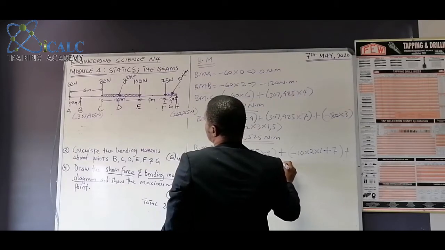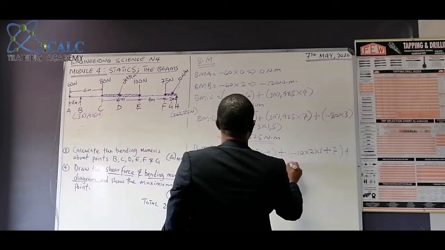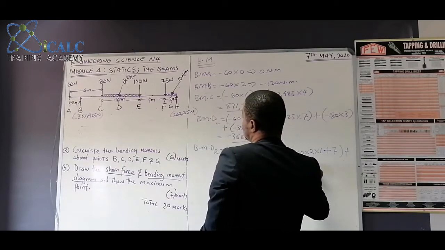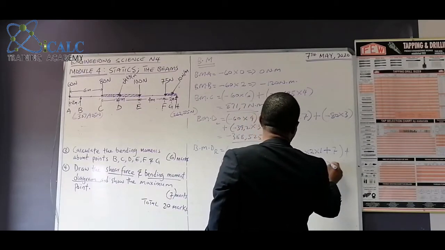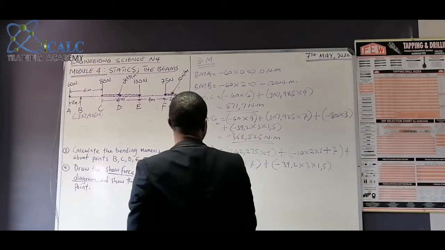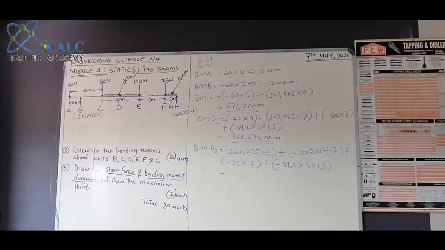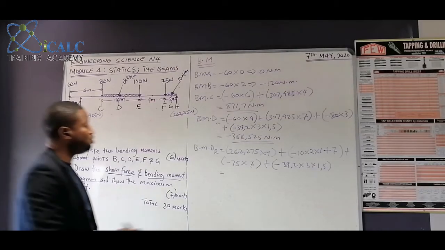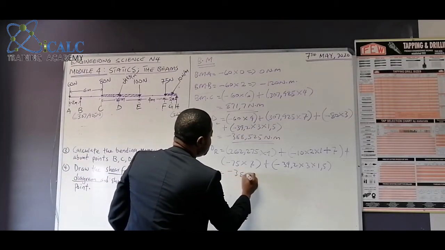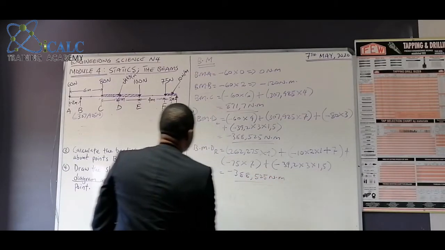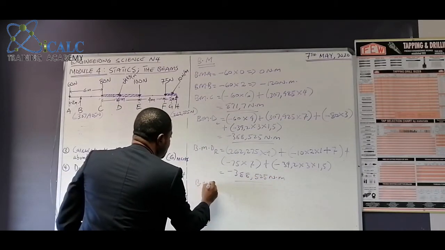We say minus 39.2 by 3 by 1.5. Okay, it's going to give us the same value, which will be minus 388.525 Newton meter.